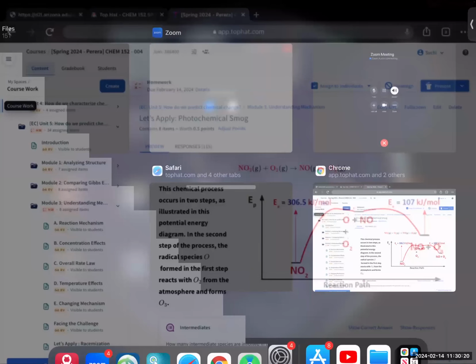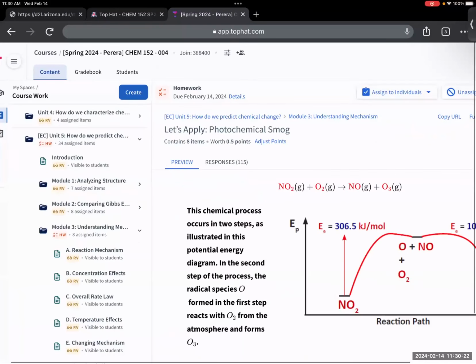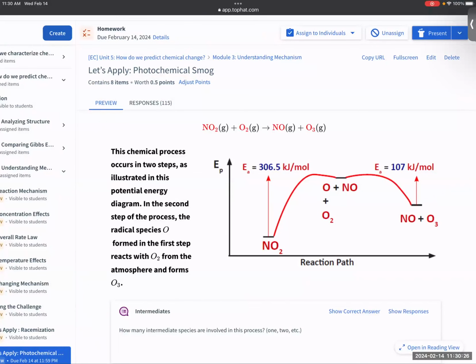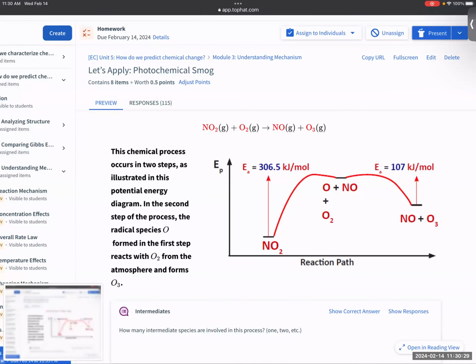We need to write the steps for this reaction now. That means writing the mechanism. Let's see if we can do it.